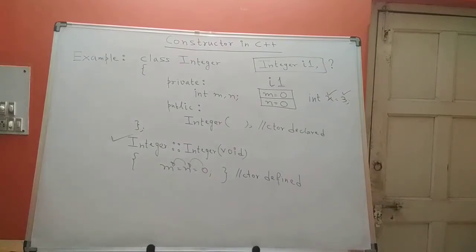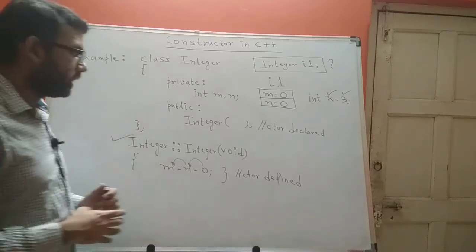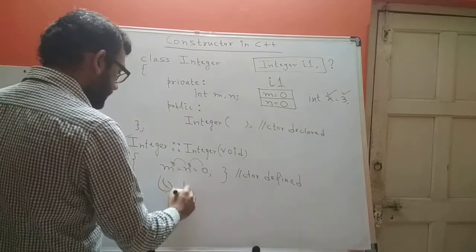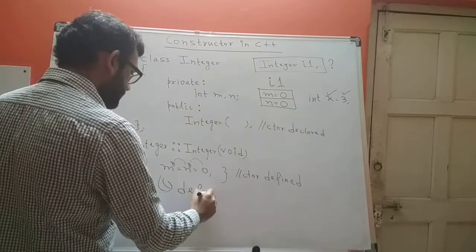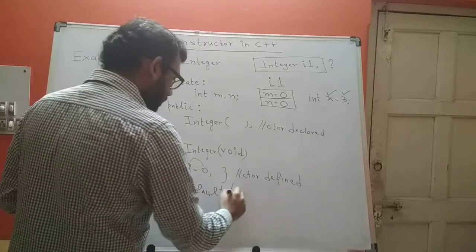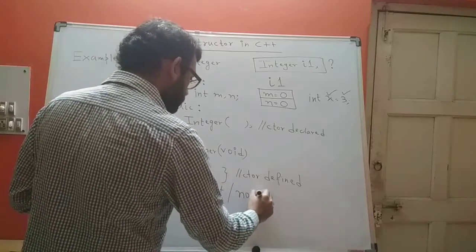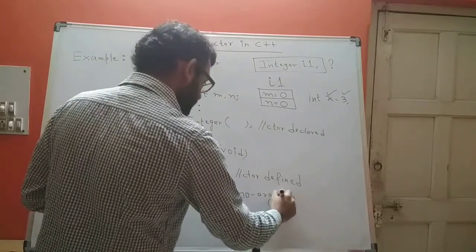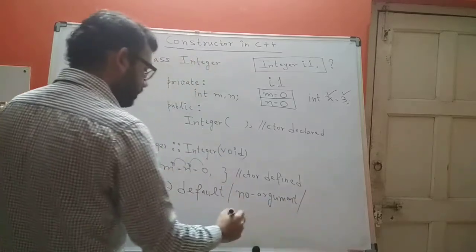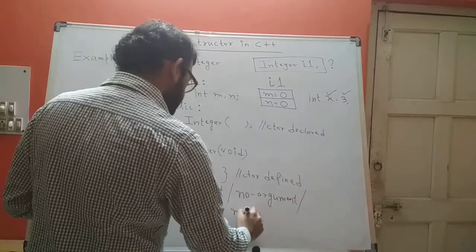Now, if you remember, right at the beginning I had mentioned that there are different types of constructors. So what is this type of constructor called? This type of constructor is known as a default constructor, or it is also called a no argument constructor, and it is also called a non-parameterized constructor.